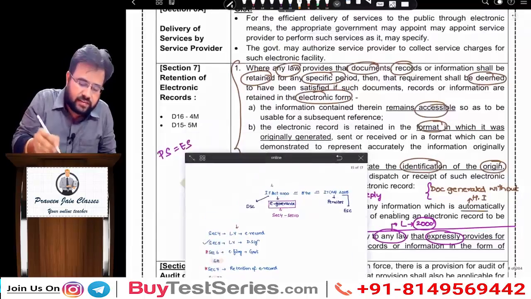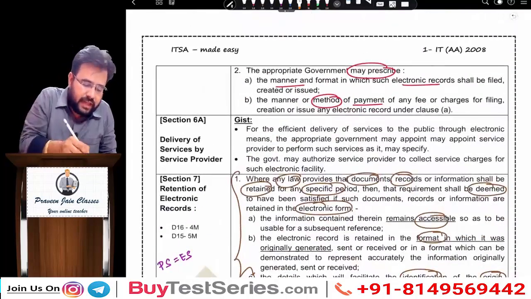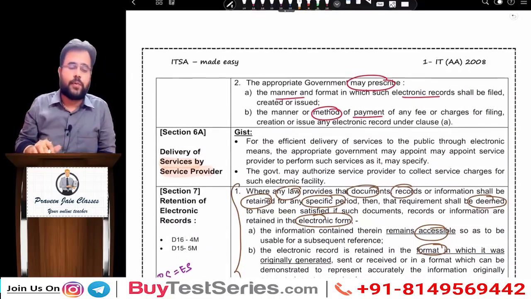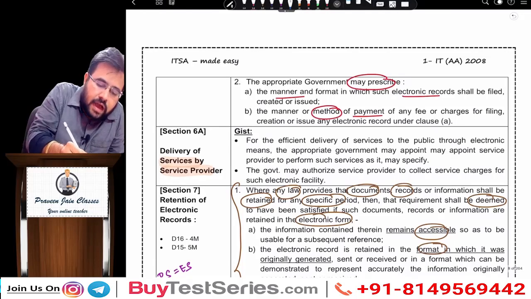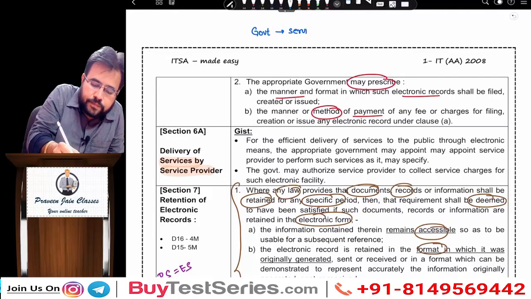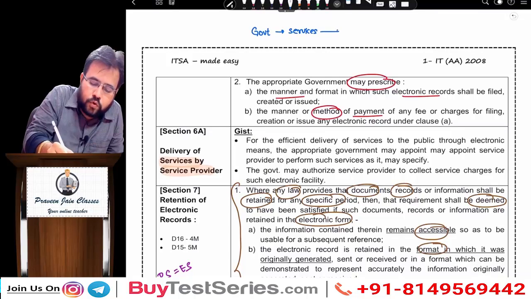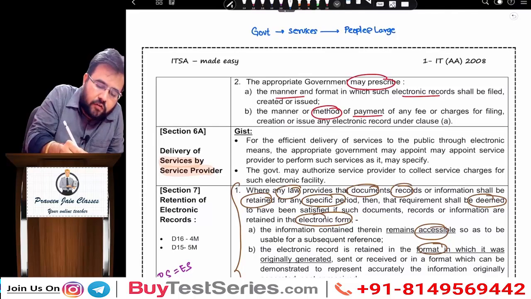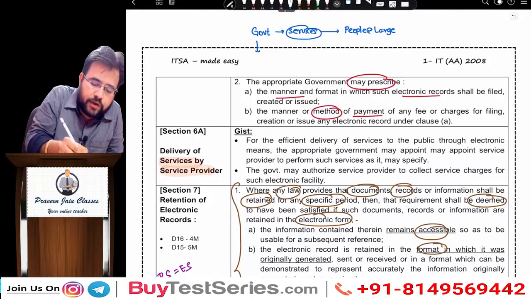So what is section 6A saying, sir? Delivery of service by service providers. Meaning, government has to provide certain services. To whom, sir? People at large. Now what did government do? For those services which they have to provide to people at large, they have appointed certain service providers.